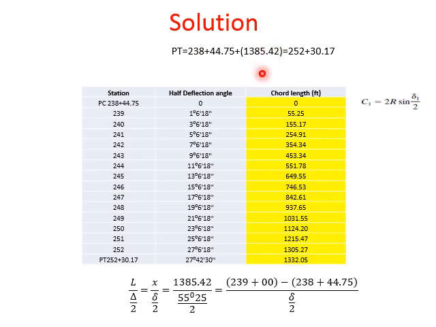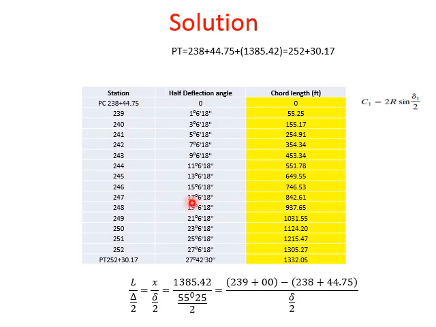Then you add this much into it, and then you can put the plus sign back, with two digits, two integers before the decimal. So the final station of PT is 252 plus 30.17.